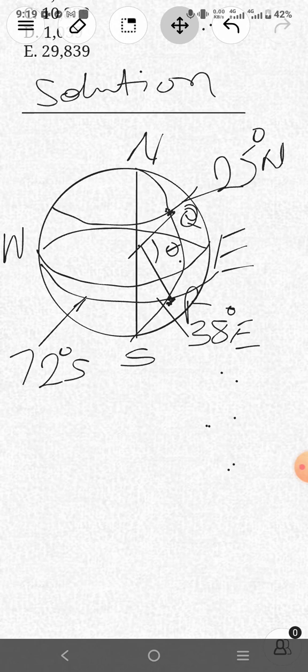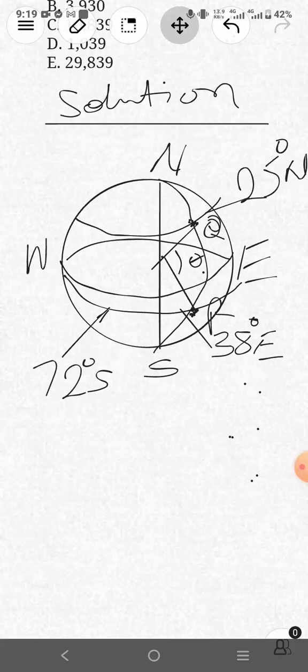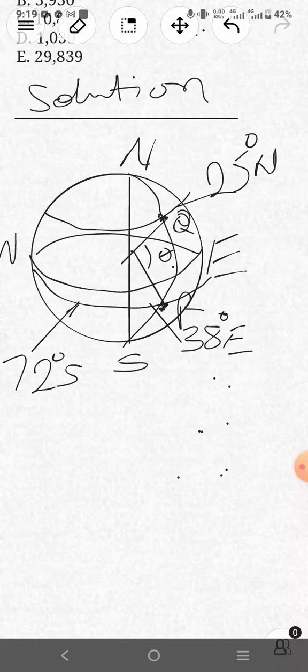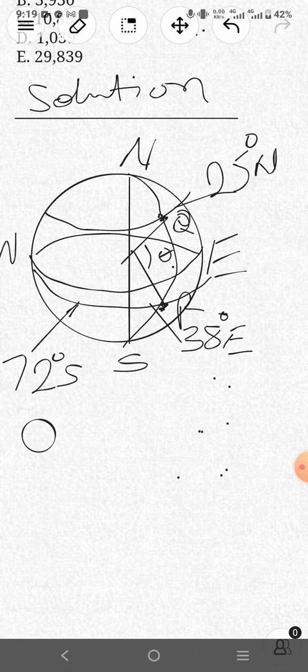So our theta, since we have two opposite angles, one in the north, one in the south, is the angular difference.